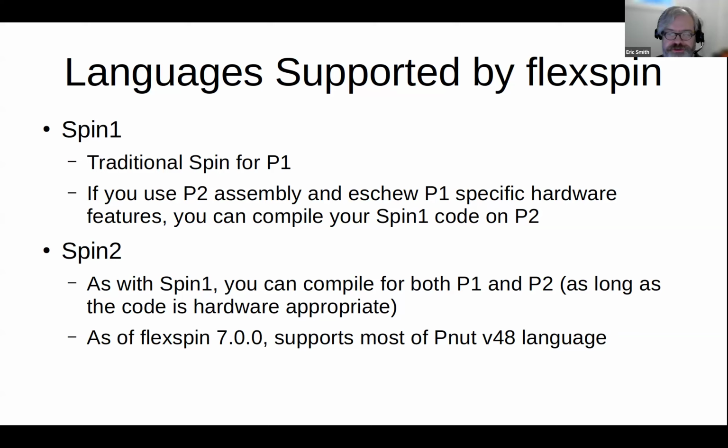It's a compiler to assembly language. So there are some things that are just not really practical. In particular, FlexSpin doesn't at the moment have any way to have resident code in cog that runs interrupts. That's not something we support yet. But people have sometimes asked for it. It might happen someday, but not yet.